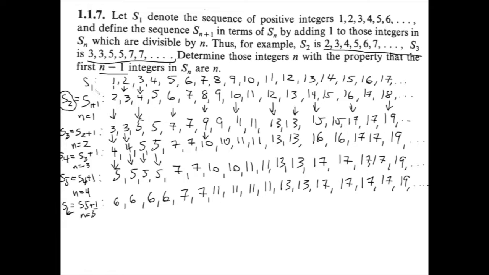Actually, S1 isn't a good place to start because n minus 1 would be 0. Let's start with S of 2. With S of 2, n is equal to 1, so the first n minus 1 integers, that's also not a good place to start. Let's start with S of 3.